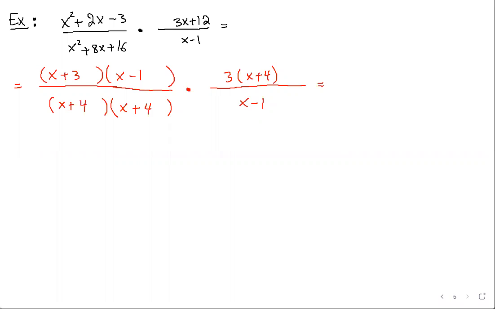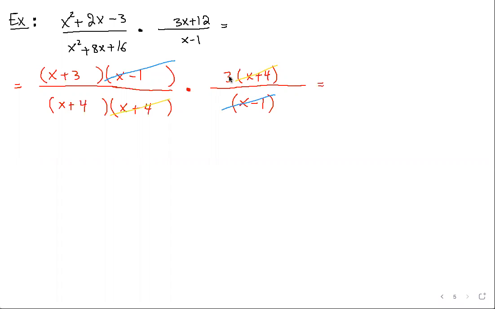So what can I cancel here? x plus 4 with x plus 4. Okay, what else? What can I cancel? x minus 1 with x minus 1. What else? That's it. We don't have anything else to cancel.